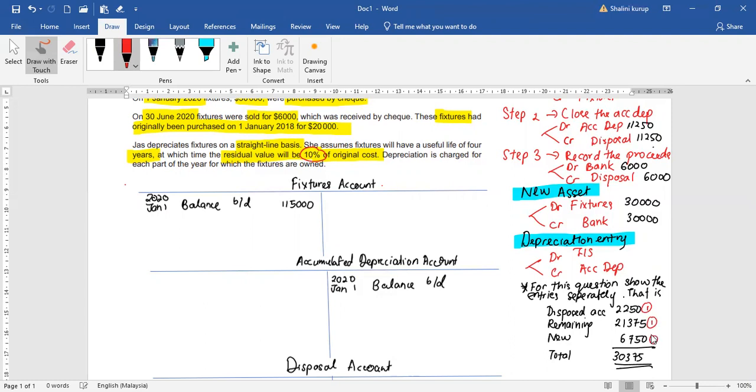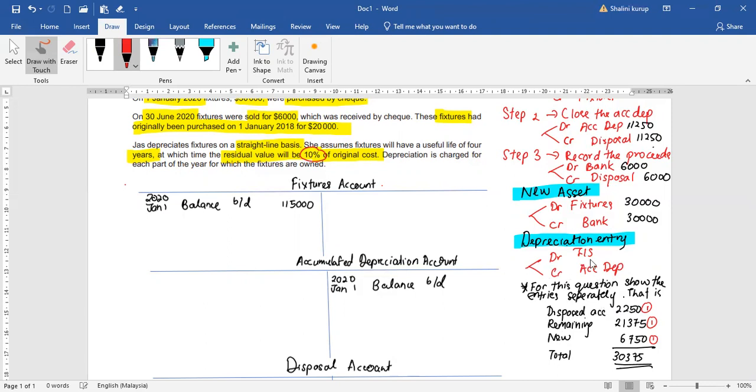You just write income statement in the accumulated depreciation, but the figure will be written separately, which is 2250 for the disposed asset. Why? Again, if you look at part 2 of the video, I've done the calculation for the depreciation of the disposed asset.